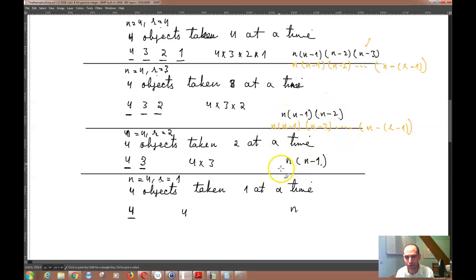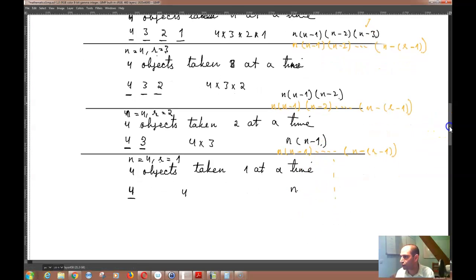And again I can do the same thing here, for example, n times n minus 1 all the way up to n minus r minus 1, and over here you can see that r is equal to 2, so 2 minus 1 is equal to 1, so n minus 1 is again the last term here, and the same thing keeps going again and again.